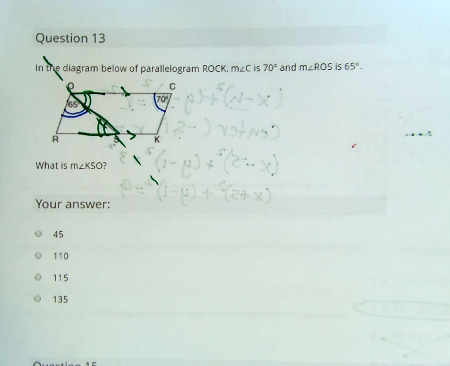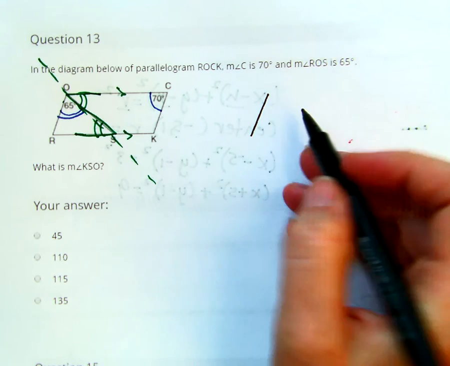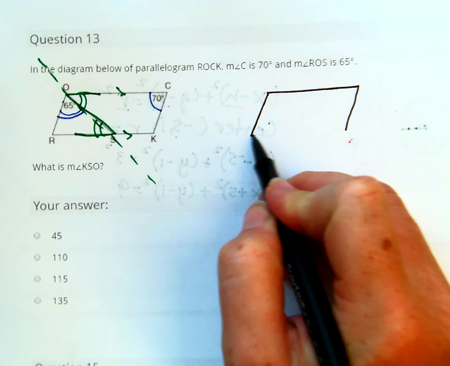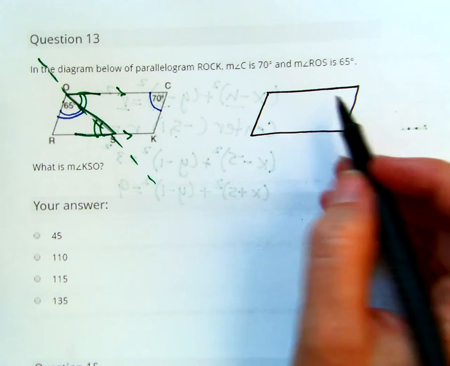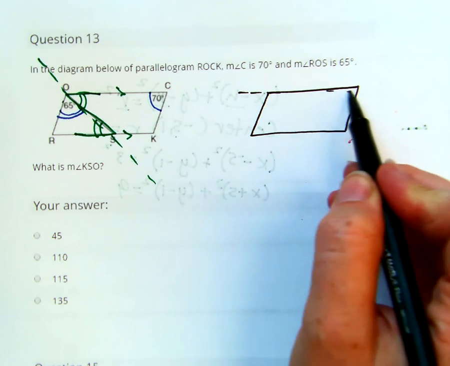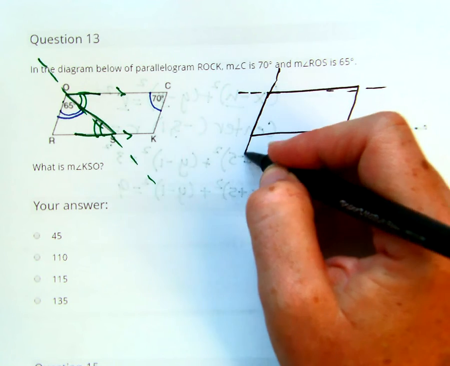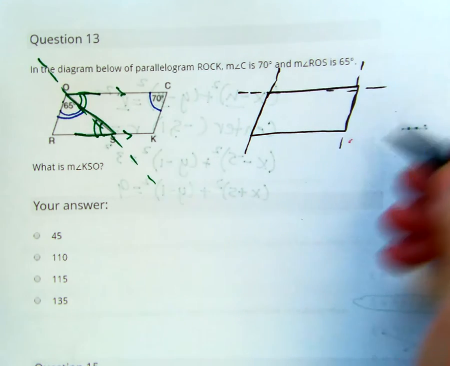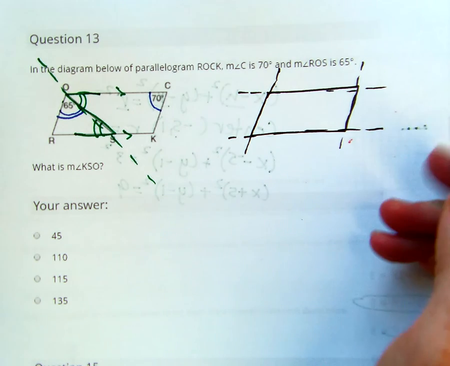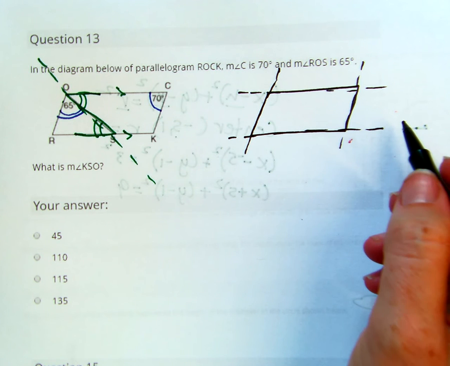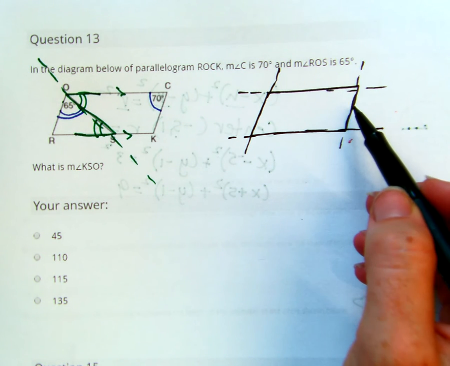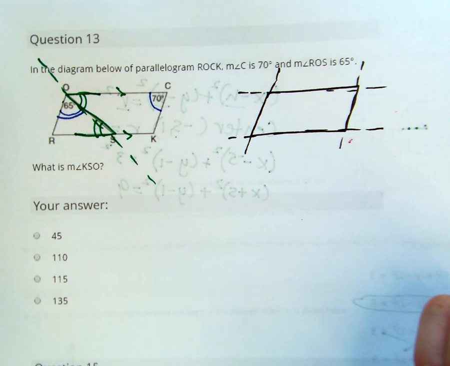So then we want to think, totally separate, if I totally separated these questions, just the parallelogram all by itself, right? If I think about them as intersecting parallel lines like this, then here are parallel lines cut by transversals that are parallel lines.